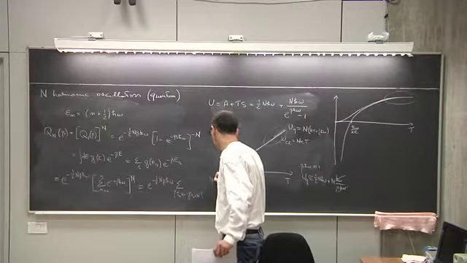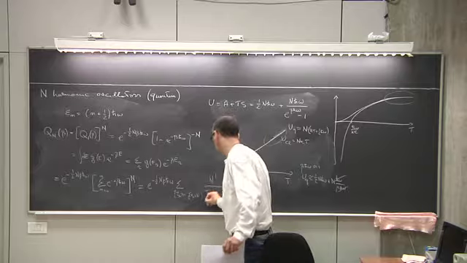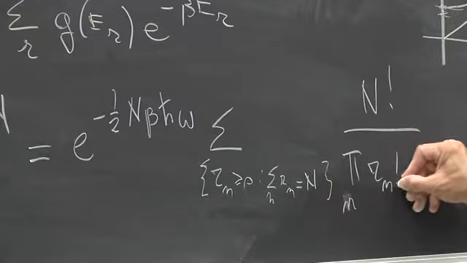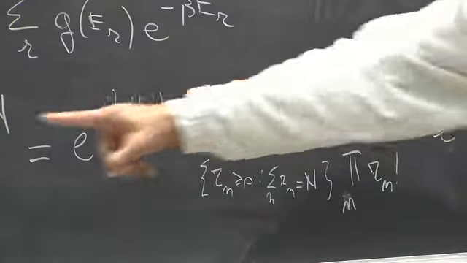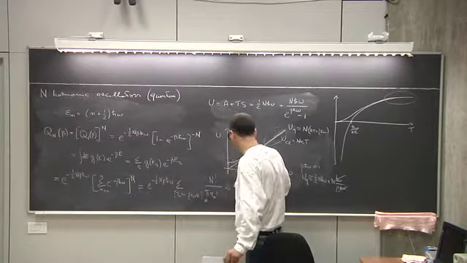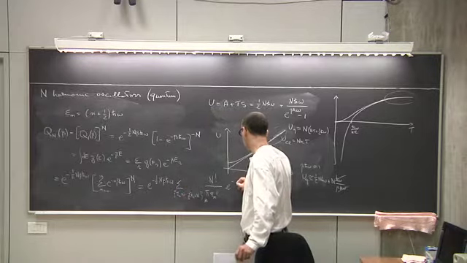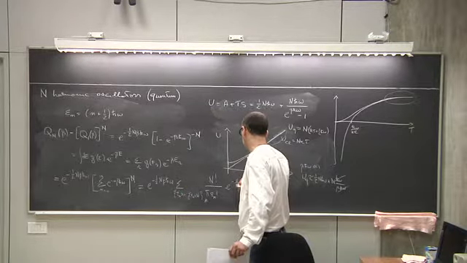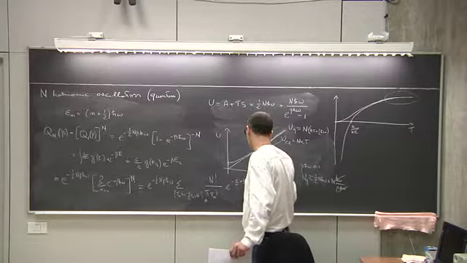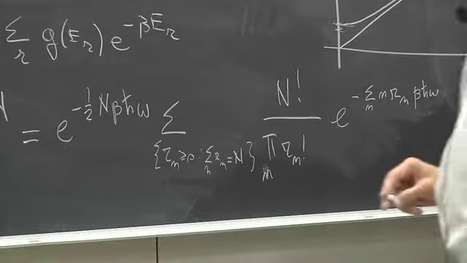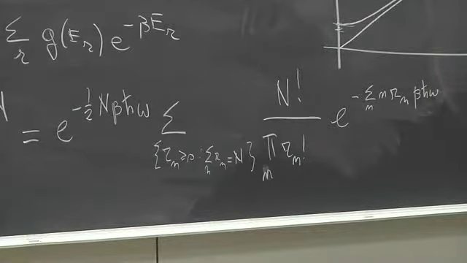And then I have the multinomial coefficient, and then I have all these terms here, which is the product of this term, which is just e to the minus sum over n of n times R_n times beta h bar omega. So what I've just done is the multinomial expansion of this thing.